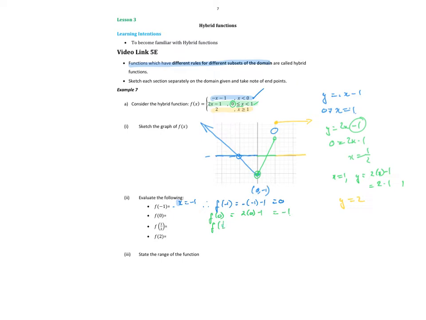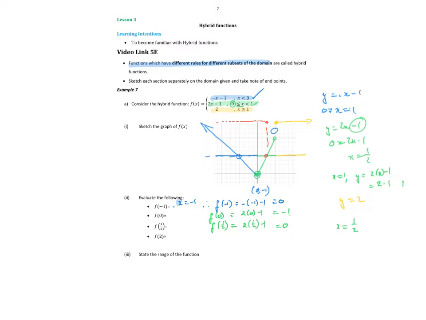So f of a half is equal to 2 times a half minus 1, which is 1 minus 1, which is equal to 0, which is that point there at the intercept. That's the only value it can be. At x equal to a half, if we travel along our x-axis until we find x equal to a half, it's that point there, and so it's that value. That's the only function we can put it into.